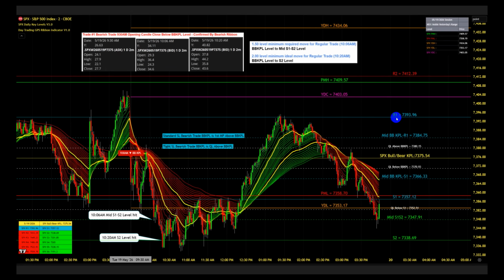If, for example, you had a bearish trade off of R1, then you would simply turn on mid R1, R2, and use that as your standard stop loss on a bearish trade from R1. For example, for a bullish trade off of S1, whereas the tight stop loss was the QL below S1, the standard stop loss is the first midpoint below S1 on a bullish trade from S1, and that is mid S1, S2.